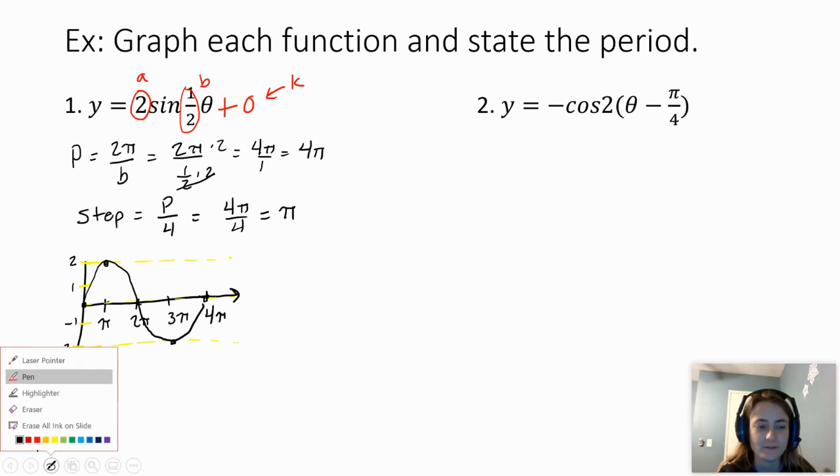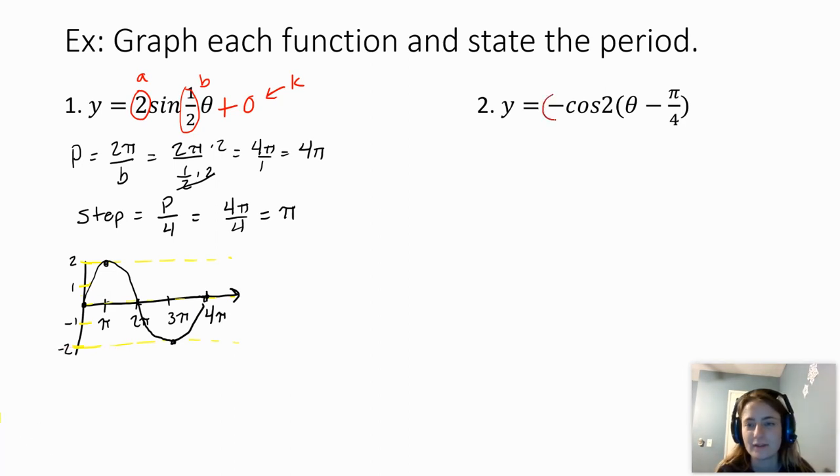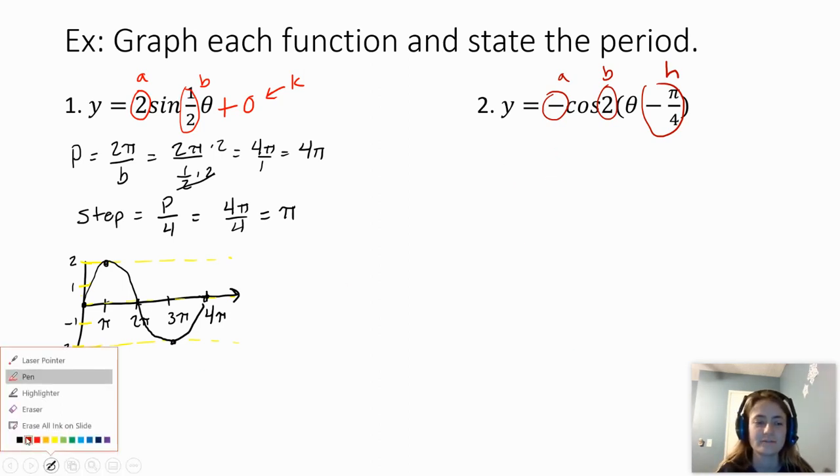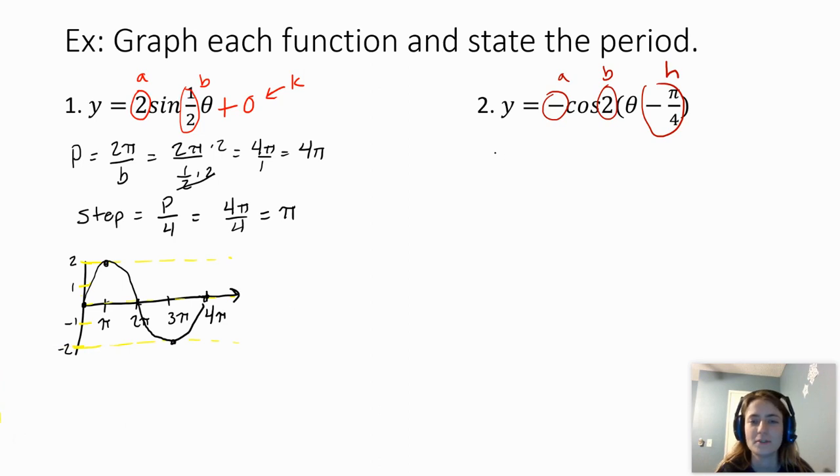All right, let's look at number 2. Okay, so I see this is our A, this is our B, and here we have our H, the horizontal shift. So first, we determine the period. It's cosine, so we're going to use 2 pi over b.